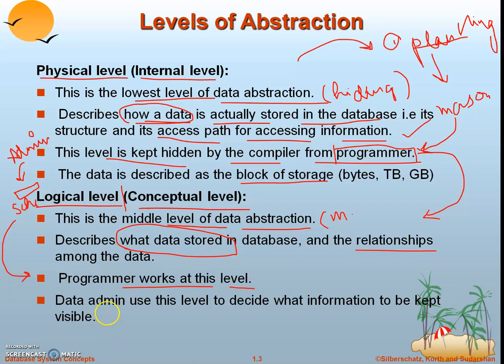And data admin use this level to decide what information to be kept visible. So at this particular point, as we have said, there is middle level of abstraction. That means certain portion will be hidden and certain portion will be made visible, and this visibility will be decided by the data admin at the logical level, whereas the programmer works in inserting the data.